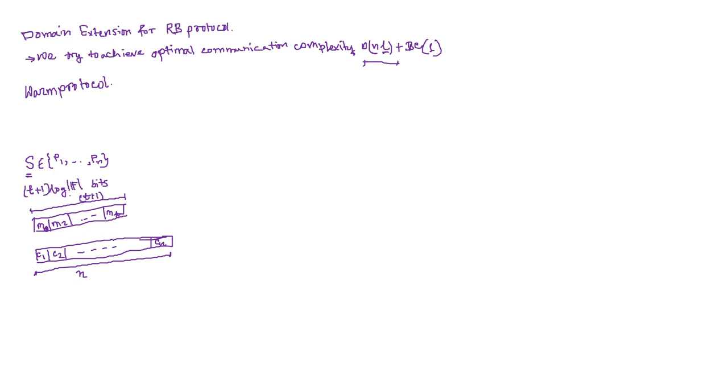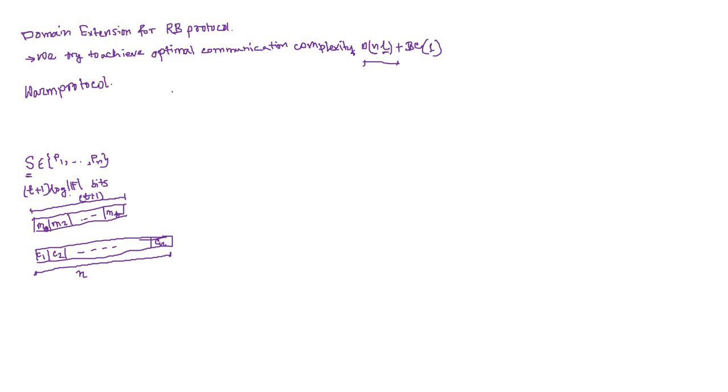We can allow at most t corruptions. Any t elements out of these n elements can get corrupted, and the corrupted code word can still be decoded to obtain the actual message. But before going into the details of the decoding part, let's see what happens here. As I mentioned, there are several steps to this protocol.